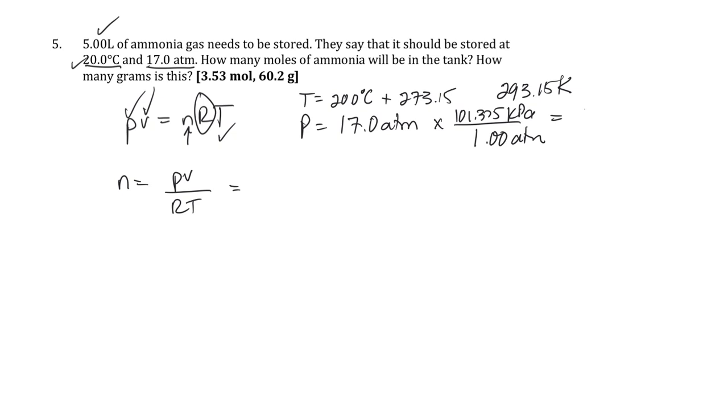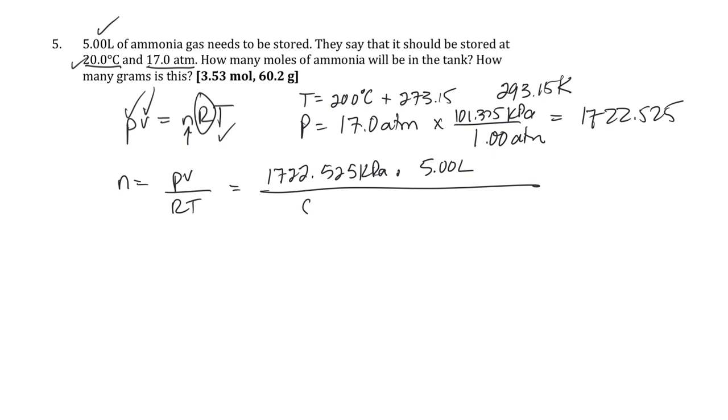Okay, that comes out to 1722.525 kilopascals for the pressure, times the volume, 5 liters, divided by R, 8.314 kilopascal liters per Kelvin mole, and the temperature is 293.15 Kelvin.